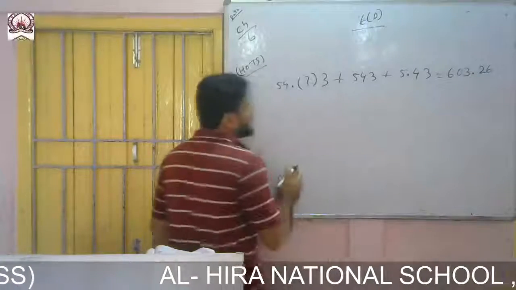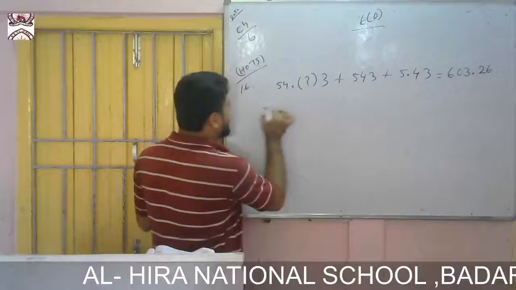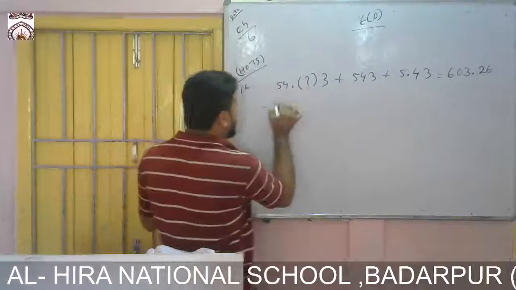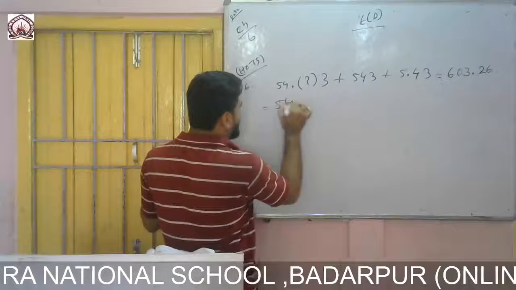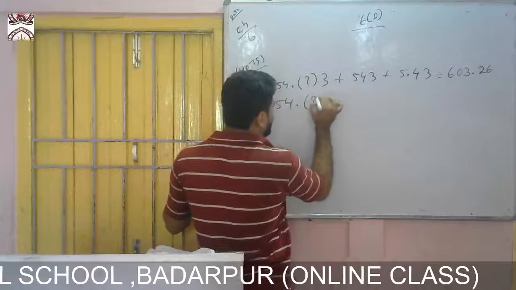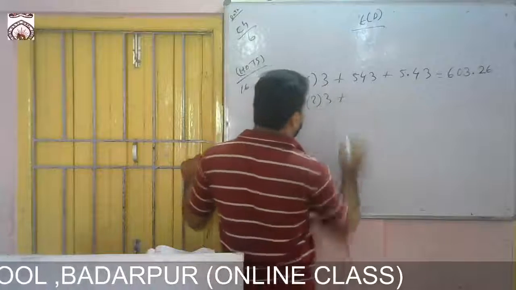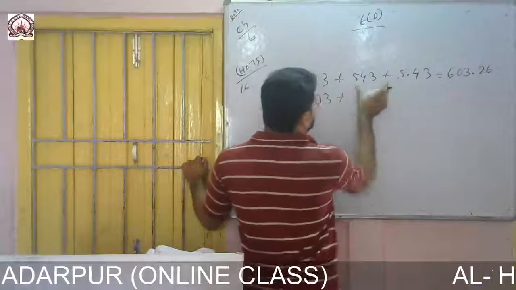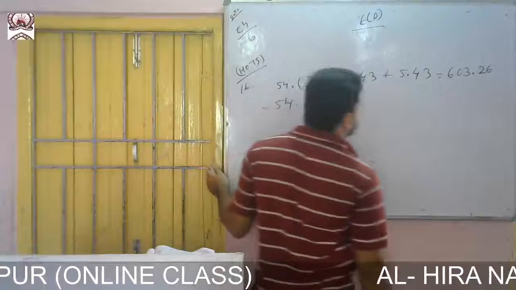You see, first you add these things, you will get the answer. You keep this one, we need to find: 54 point, question mark 3, plus what? You add 543 and 5.43.